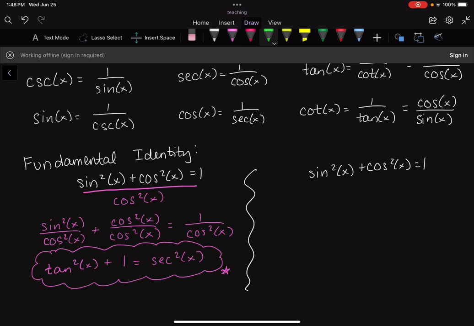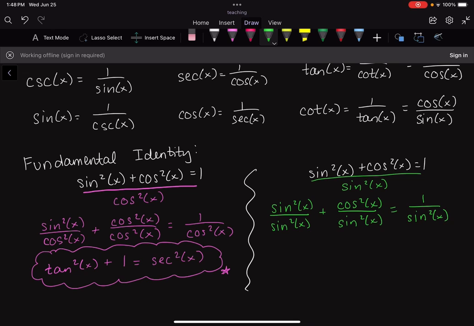Then on the other side, let's say we divided everything by sine squared x. So I get sine squared over sine squared plus cosine squared over sine squared is equal to 1 over sine squared.